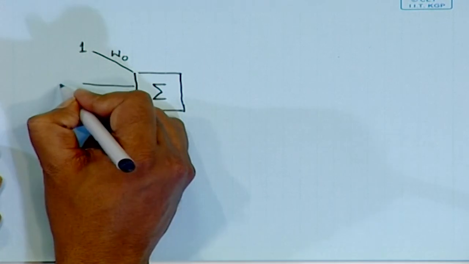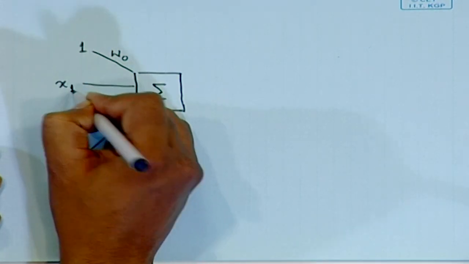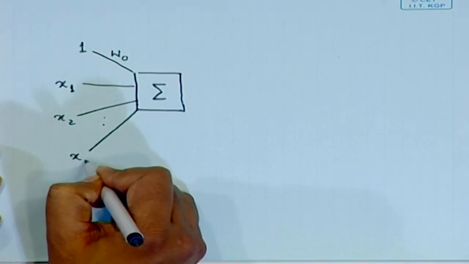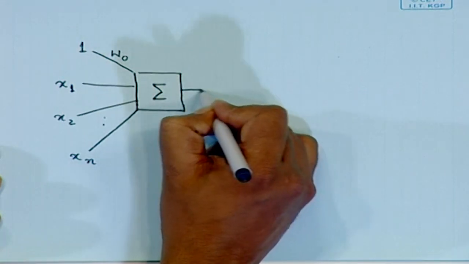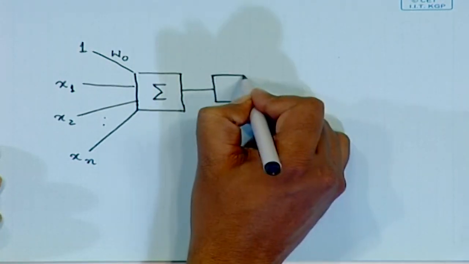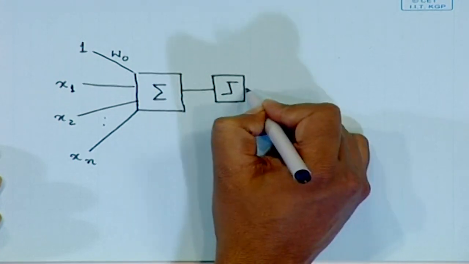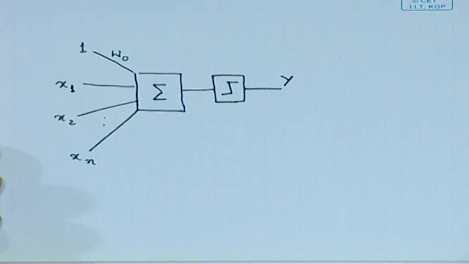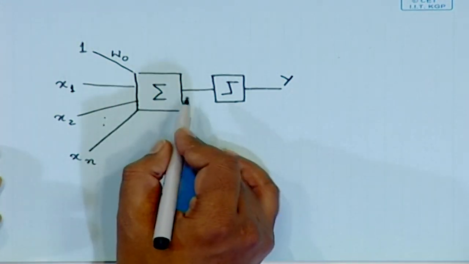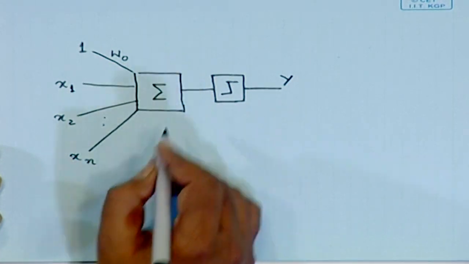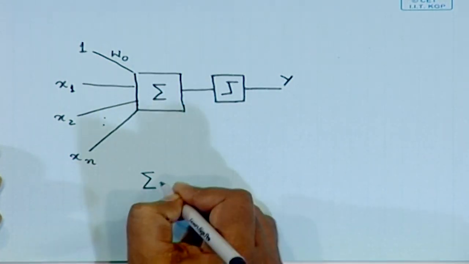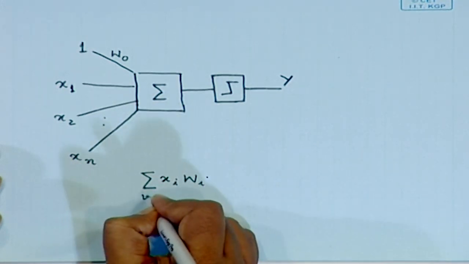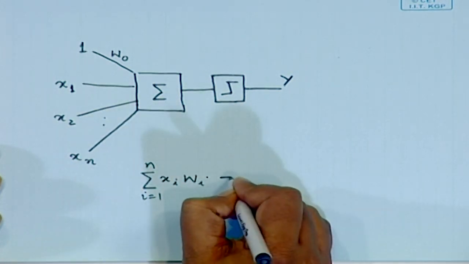To the other inputs, I have the different components of the feature vector, that is x1, x2 up to xn. The other functionalities remain the same. I have this nonlinearity, and then I get this output y. Is it okay? So over here you find that the output of this is the summation of xi into wi, i varying from 1 to n, plus w naught.